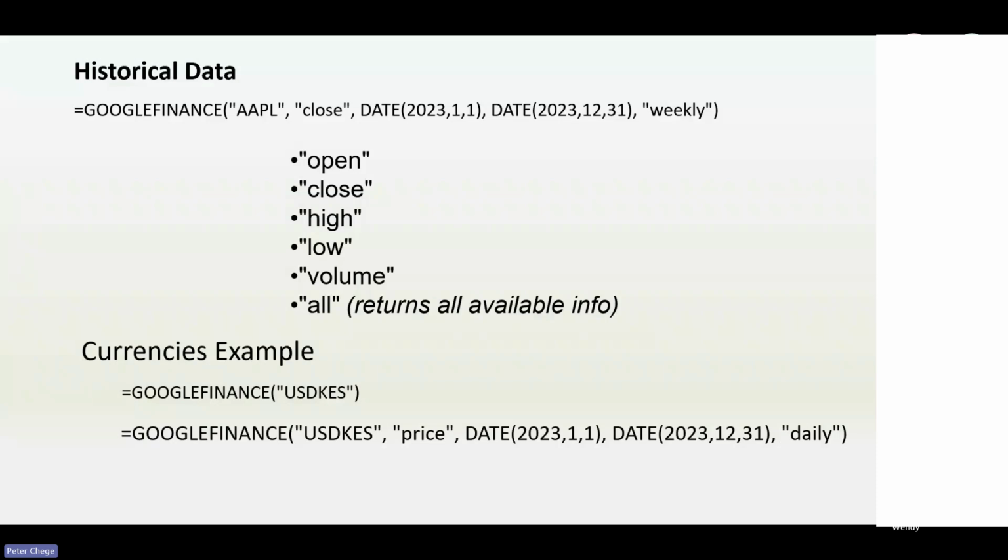You can use the last formula where you give the USD-to-currency pair, then you pick the price, then the date range, and you can give it daily. If you are doing Forex, this is one way you can pick it on Excel.